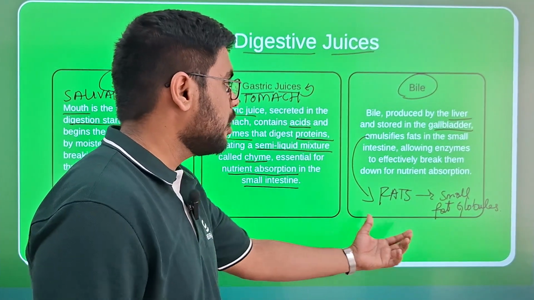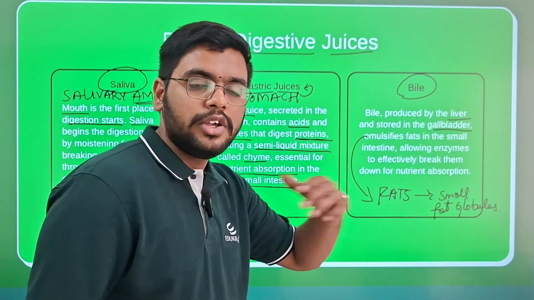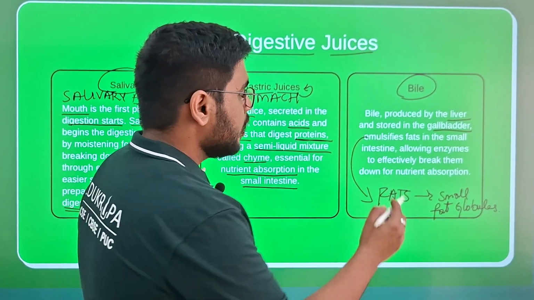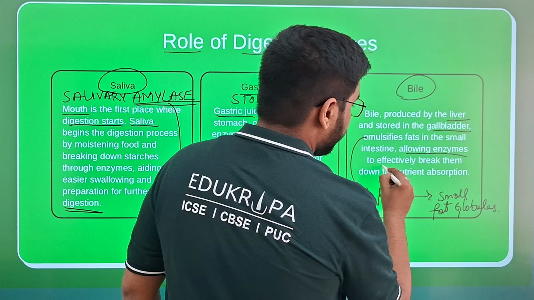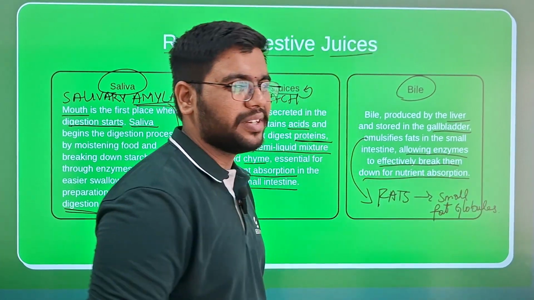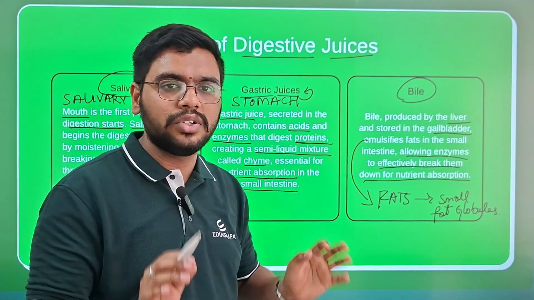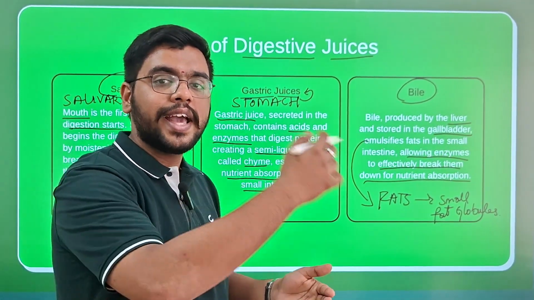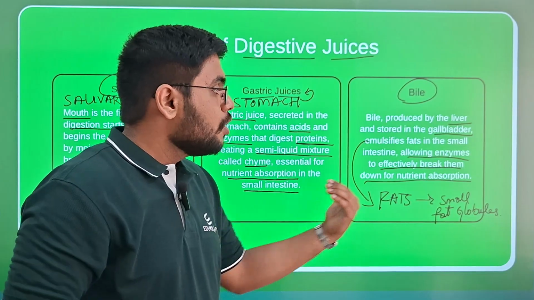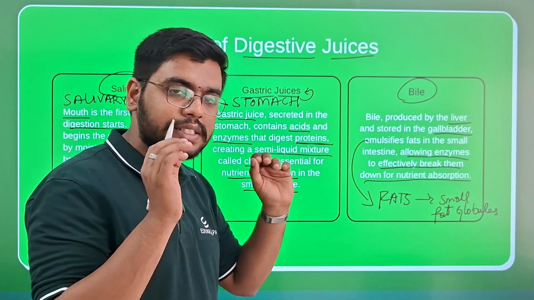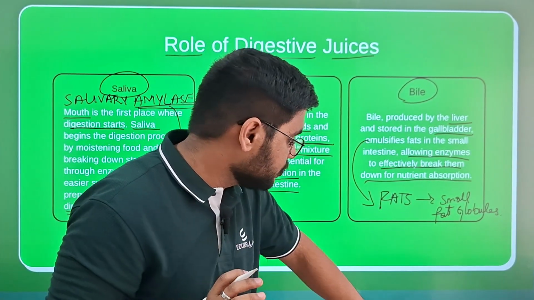Emulsification of fat means breaking down of complex fats into simple fats. You can simply remember it as it is. Next, allowing the enzymes to effectively break down for the nutrients absorption. Every role of digestive juices comes down to this. It should be easier for the next part in the digestive system for the complete digestion of food. That is the main goal of every digestive juice.